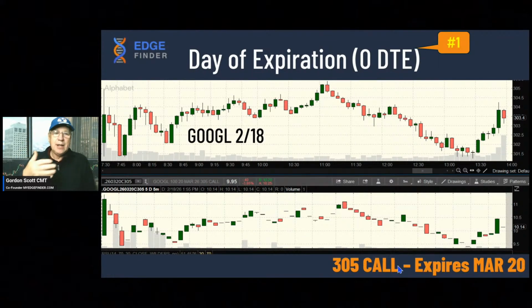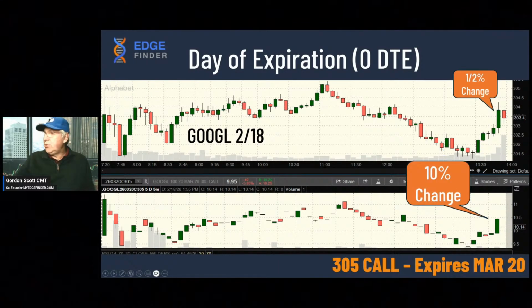People buy an option, they want to buy enough time to be right. And then what they would see is for that tiny little move, you could get a 10% change in the price of the option, go from 950 to 1050. Oh, that's not bad. Leverage 1.5%, just normal breathing in and out for the stock, into a 10% change in the price of your option.